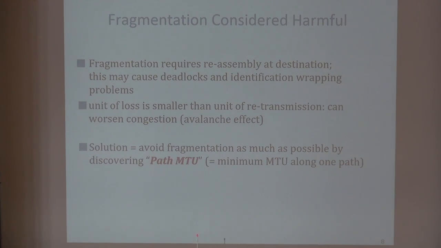So the 3 pieces will not be presented to TCP. TCP will consider that the 3 pieces are lost. So we send 3 pieces, we lose 1, we repeat 3. Sooner or later, TCP will retransmit the 3. Which means that we've amplified the loss rate. Instead of dropping 1 out of 3 packets, the effect is the same as if we had dropped 3 packets. So we multiply by 3 the loss rate.